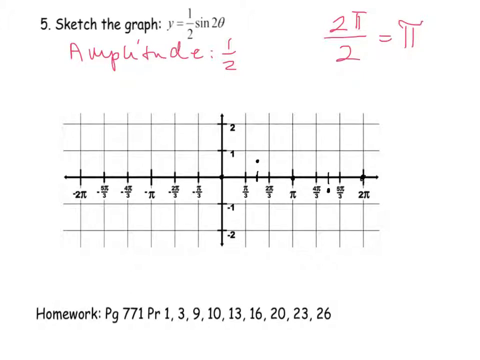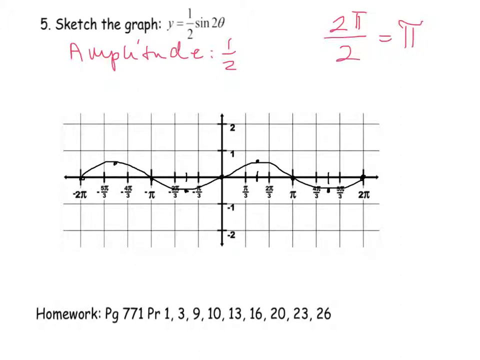And at 2 pi, I will have 0. And I'm going to continue in the opposite direction also. So I have -1/2, 0, 1/2, and 0. So now I'm going to connect my points and have the 1/2 sine graph.